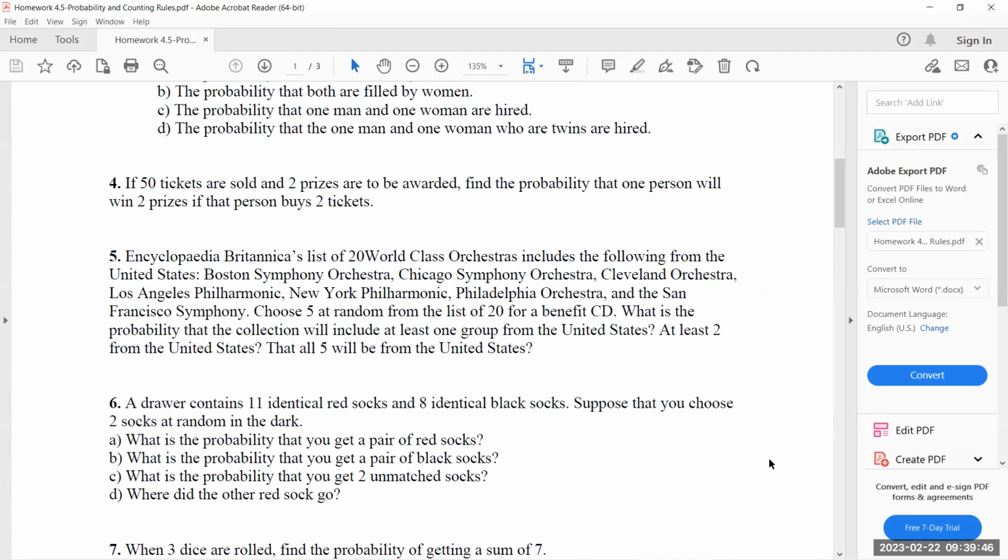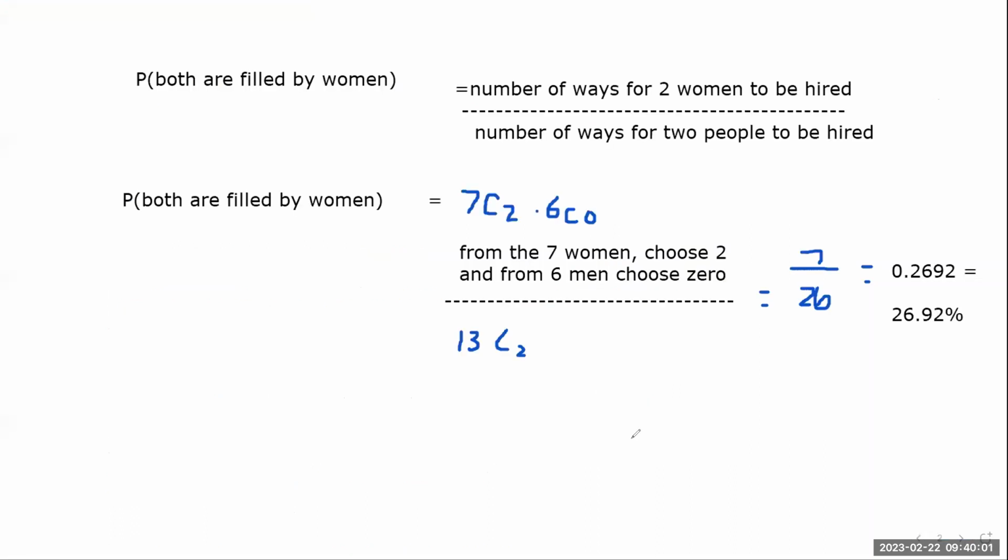So now you say, all right, you're going to do a probability. This is going to be the probability.